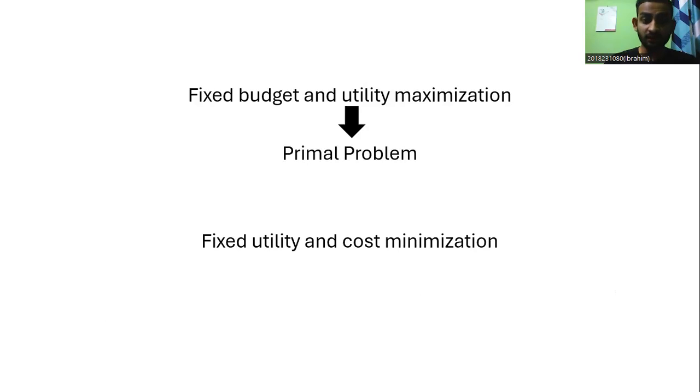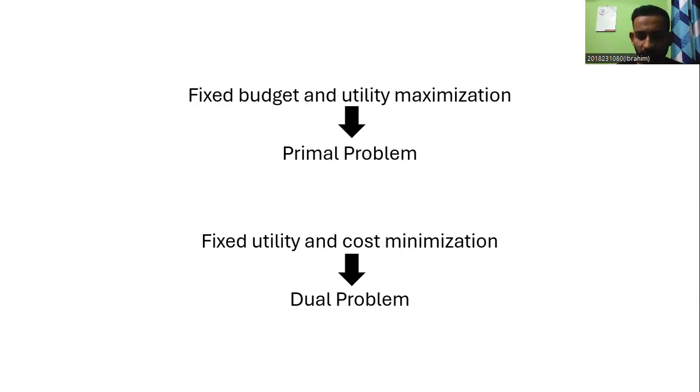And if our utility is given, and cost minimization is our target, that is the expenditure minimization, the dual problem in consumer theory. That's the main idea behind duality in microeconomics, or even the consumer theory of microeconomics.